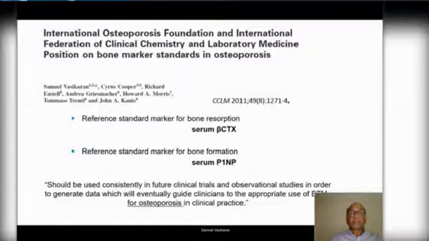At that time, more than 10 years ago, we encouraged researchers to use these markers to study bone formation and bone resorption and accumulate data so that they can be used well for management of osteoporosis.